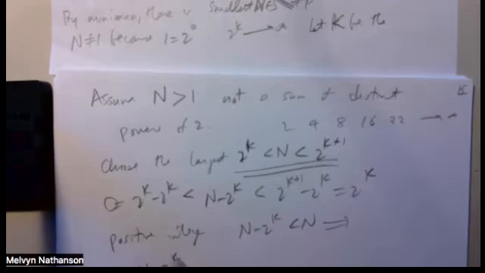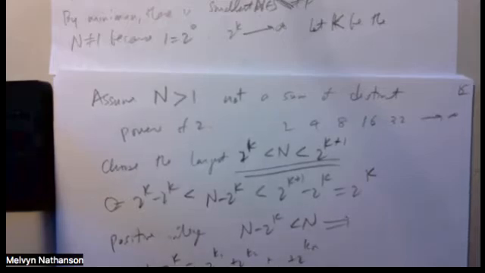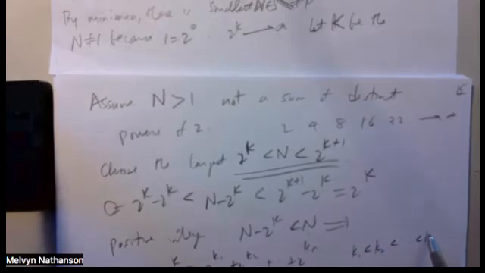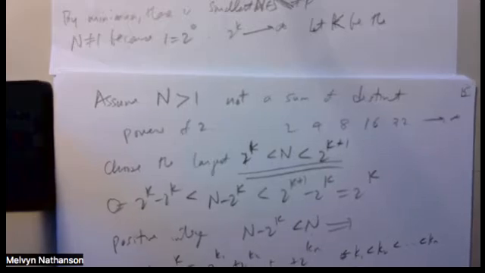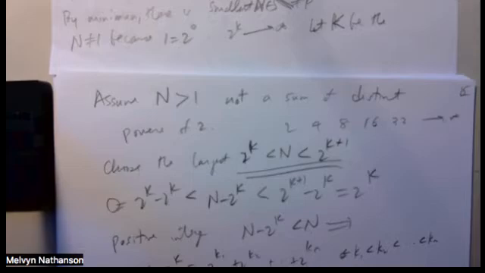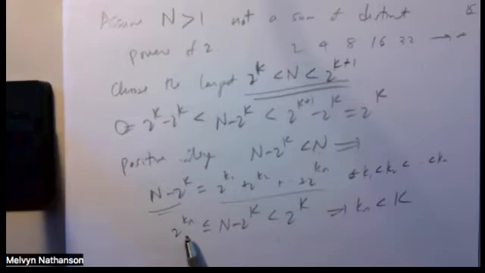So N minus 2 to the K is a sum of distinct powers of 2: 2 to the K1 plus 2 to the K2 plus, let's say, 2 to the K sub R. And the largest one, 2 to the K sub R, is less than or equal to N minus 2 to the K, which is less than 2 to the K.